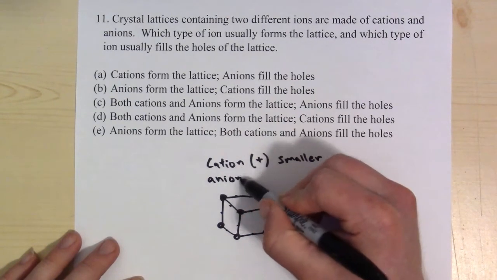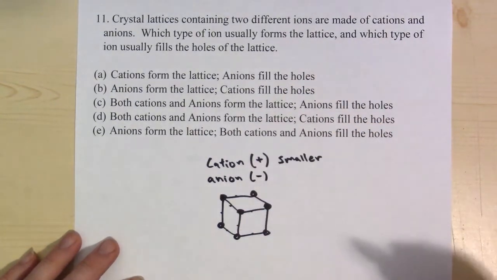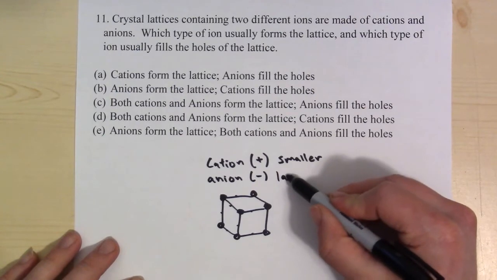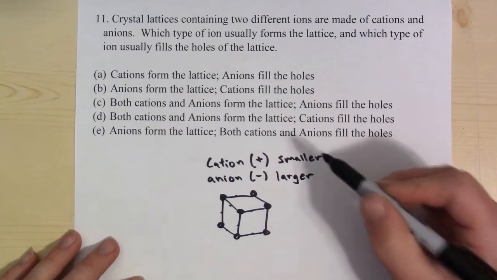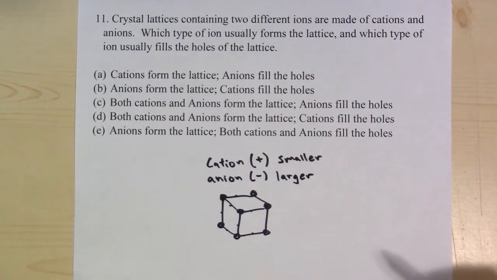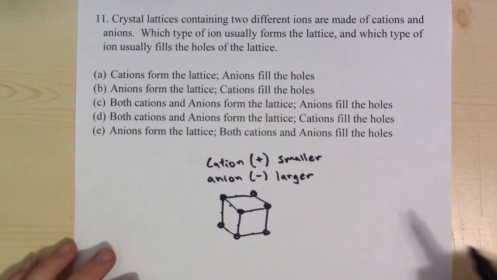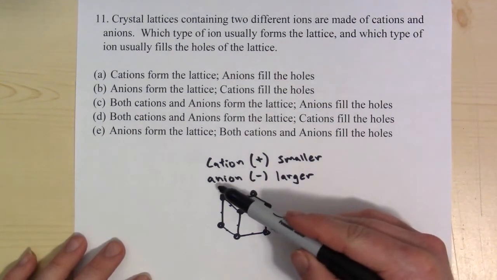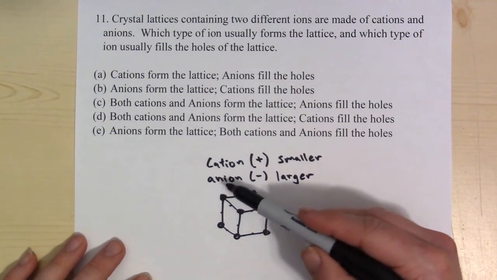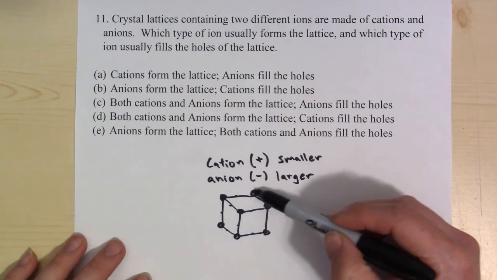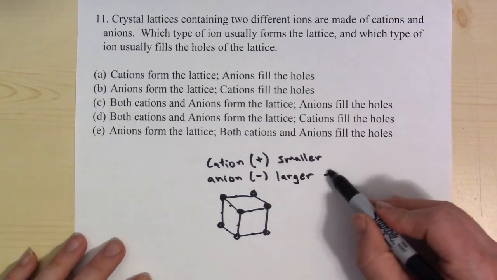And then if you have your anion that's negatively charged, that's going to go the opposite way. It's going to become larger than the neutral atom because the same number of protons is now trying to hold on to a larger number of electrons. That's going to increase the size. So the larger anions are going to be what are at the corners forming the lattice.